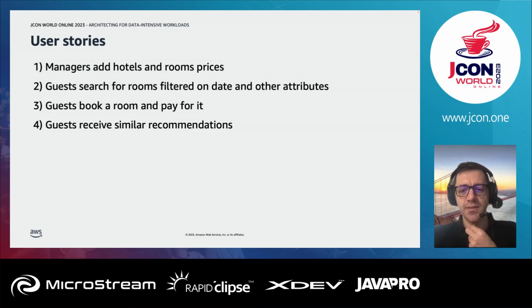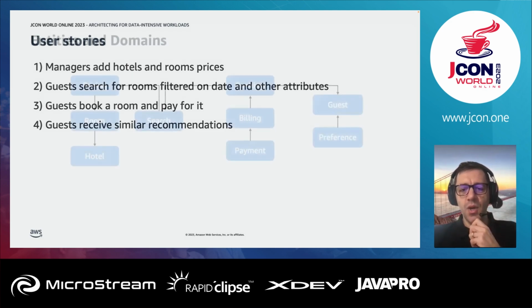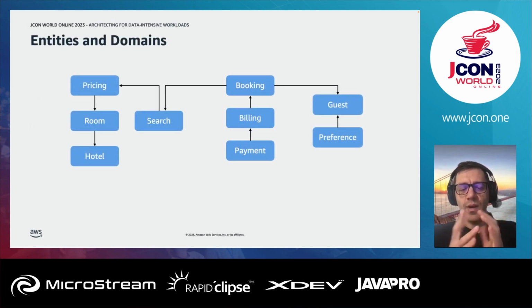Once you write the user stories, like we said in the beginning, we need to understand what our domains and entities are, right? So we design some entities and we say, okay, for hotels, I need an entity for hotel. In a hotel, I will have multiple rooms, so different types of rooms. And for each room in a hotel, I will have different pricing for different dates, right? So this is pretty straightforward, the three entities.